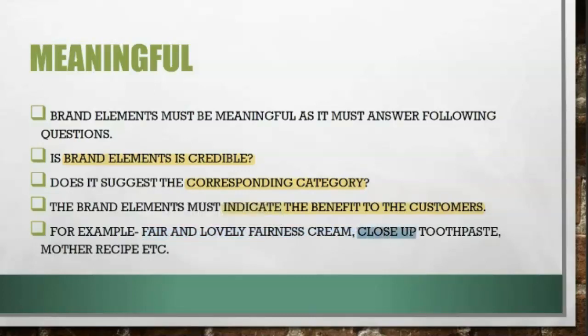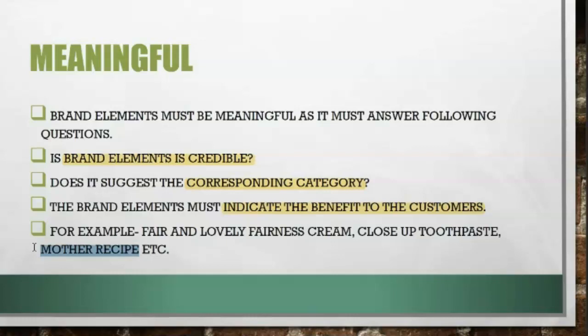That means it is a toothpaste, and when you say close up, you mean even if you are close, there is no bad smell. Mother Recipe is another brand which makes pickles and other products. It is very simple, talking about something related to food. So if your element is a little meaningful, it becomes easier.